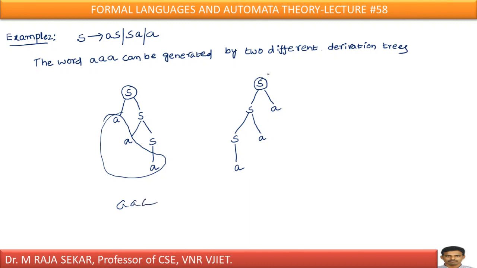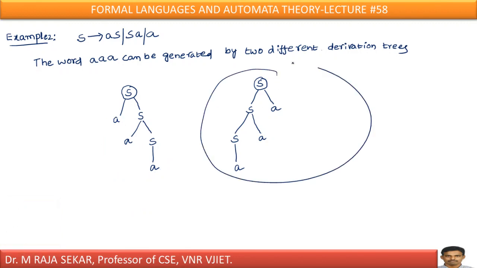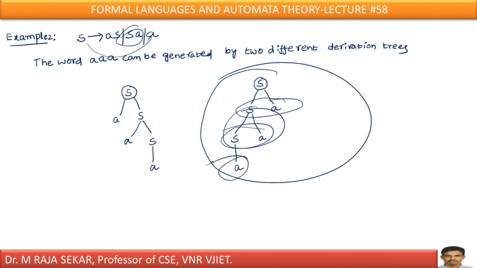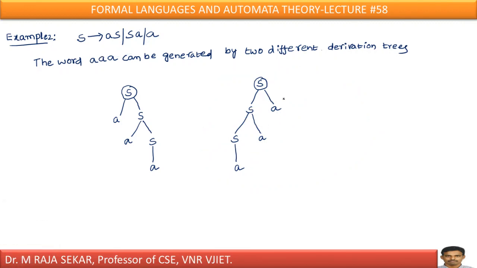What about this in the place of S? Here in the first parse tree we are replacing AS, whereas in the second parse tree, in the place of S I am replacing SA. Even in the place of S I can write SA. In the place of S, I can write A. Therefore what will I get?